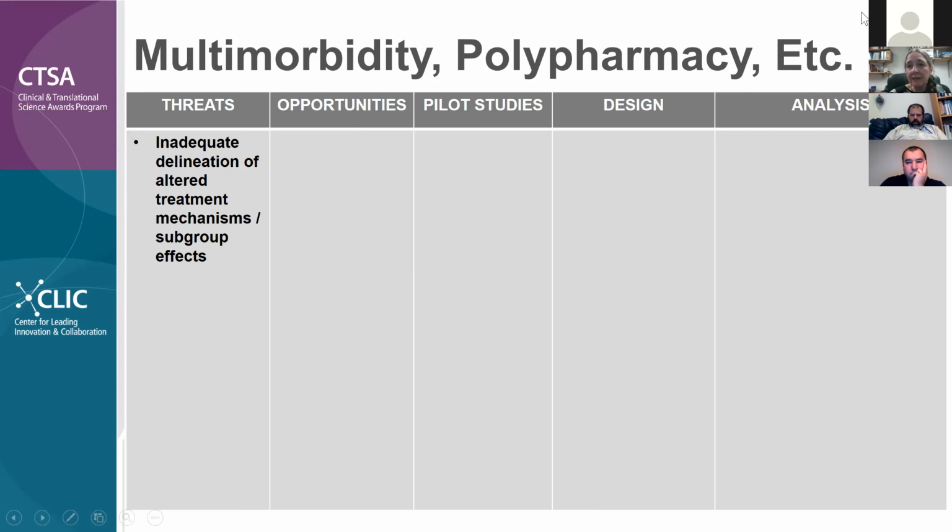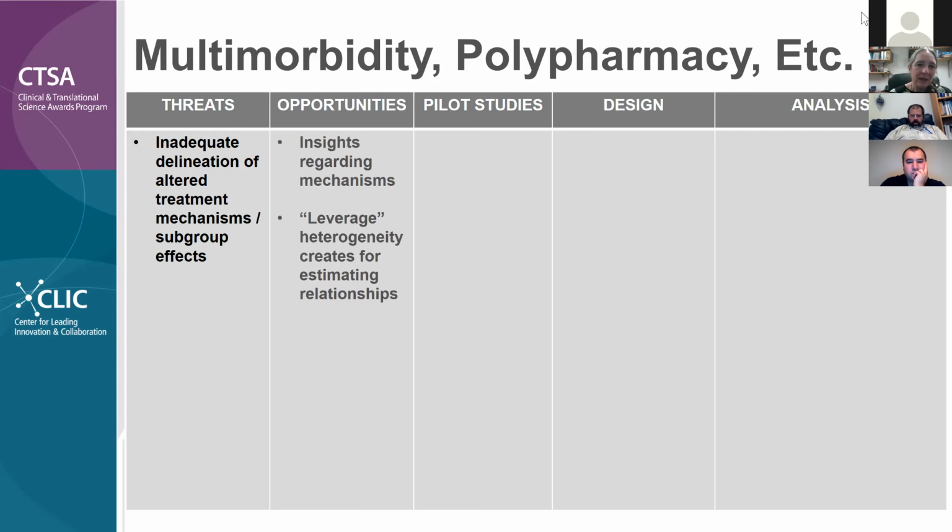But certainly not a reason to exclude these individuals, given that frequently they'll be the majority consumers of the drug or the treatment when it comes to fruition. And so rather than just excluding individuals, studying these phenomena has the potential to lend insights regarding mechanisms of how a treatment may work.